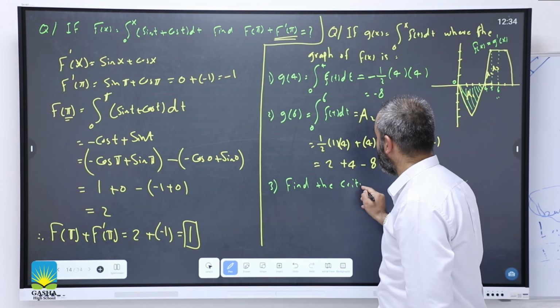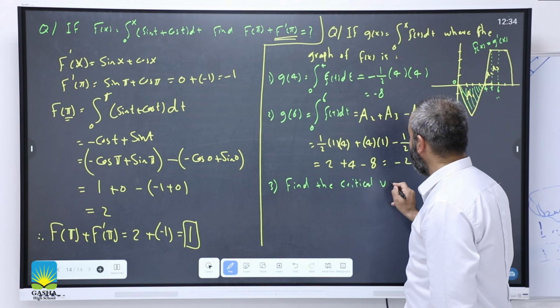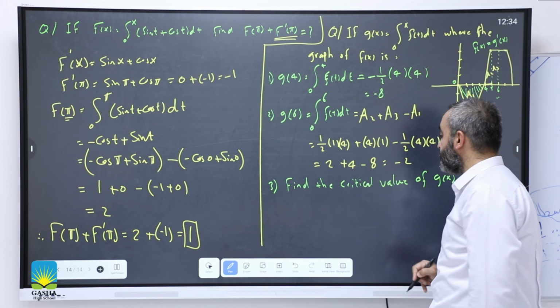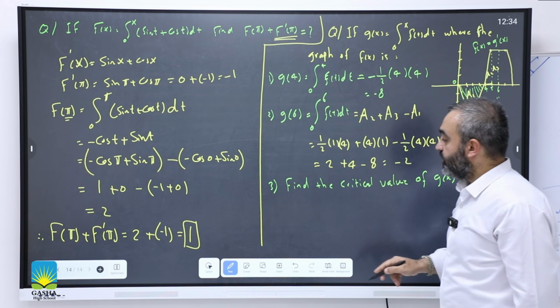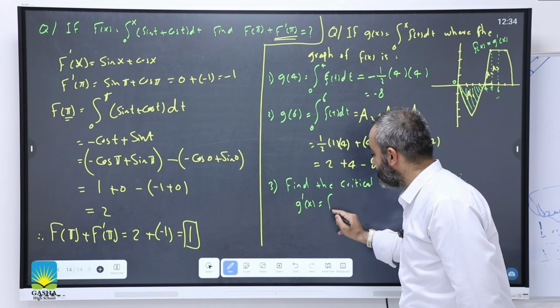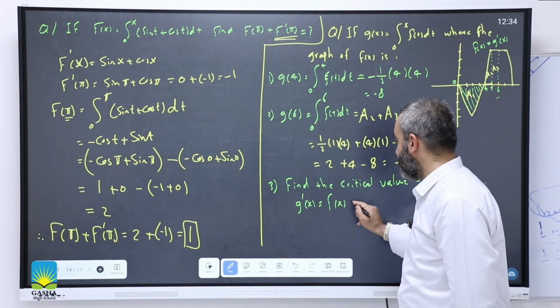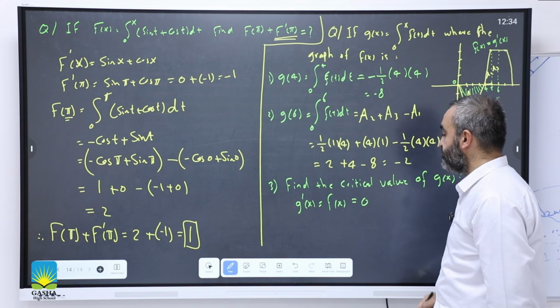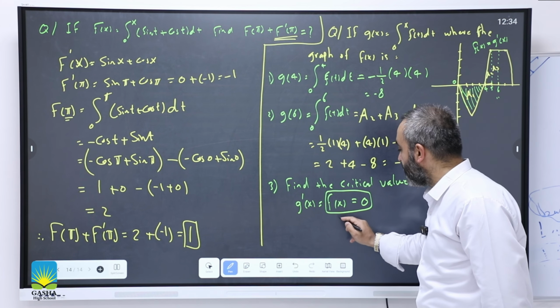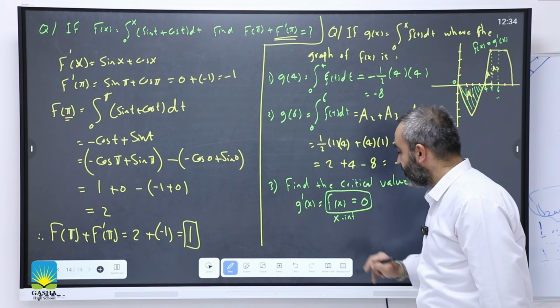If we combine the idea with the previous chapter, chapter 4, we ask to find the critical value of g of x, right? The critical value of g of x, it's g prime of x. G prime is equal to f of x, equal to what? Equal to 0. So any function equal to 0, we take the x-intercept.